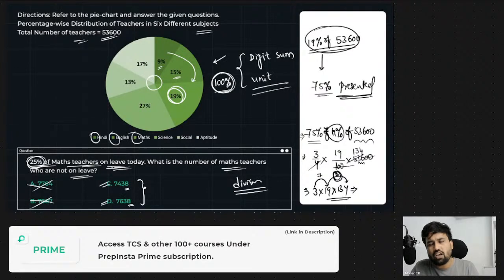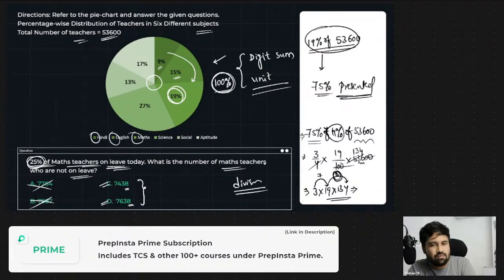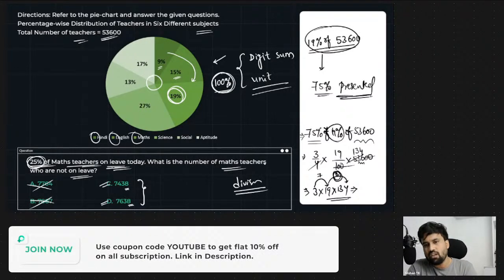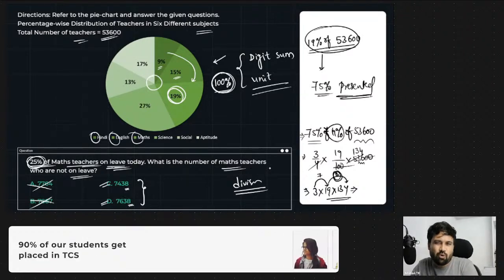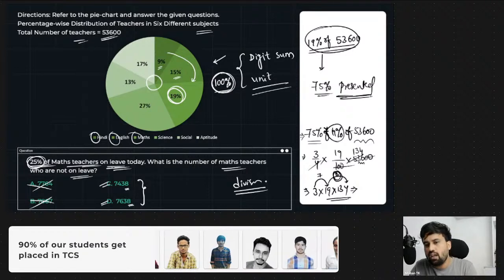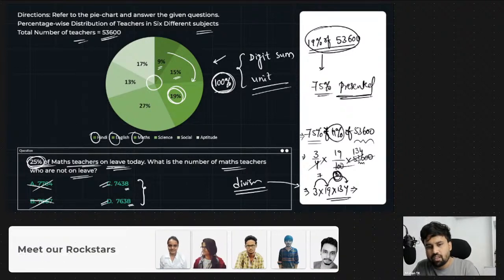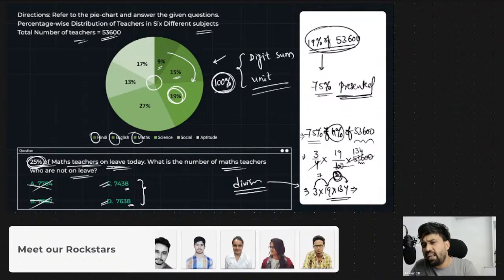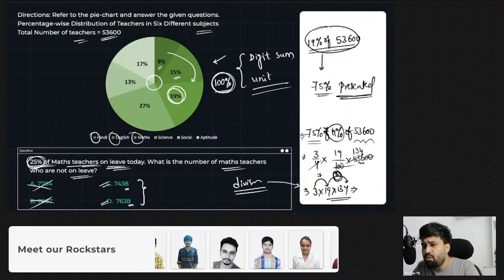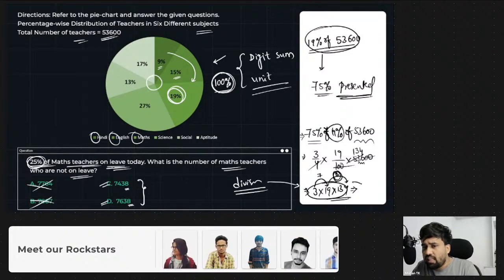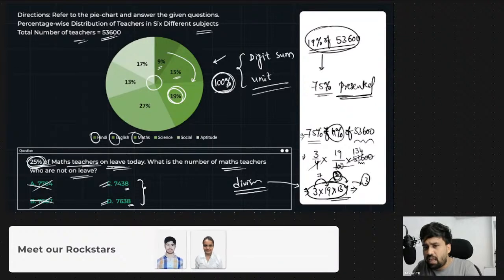All these shortcuts we have already given in our prime courses and our theory lectures. So that's why I am unable to deliver everything here. So I'm just giving one portion of it. Just look at here. What is the divisibility rule of 3? So just look at here, guys. 3, 19, 134. If you multiply all these numbers, the answer will always be a 3 multiple. Am I right or not? Why?